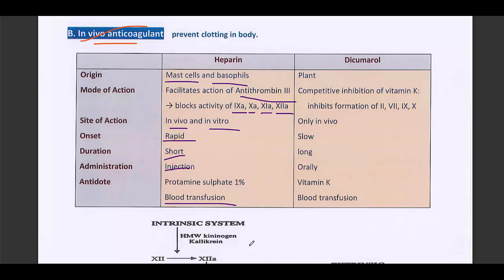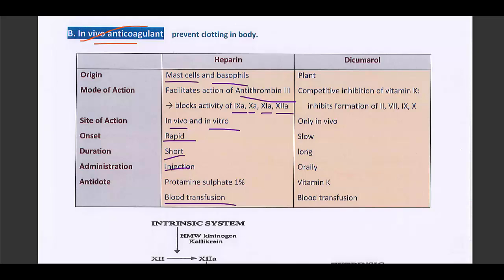Why blood transfusion? Because the plasma inside the blood contains plasma proteins, as we know. One of the plasma proteins, as we learned before, is prothrombin, and prothrombin has a very important role in clot formation.